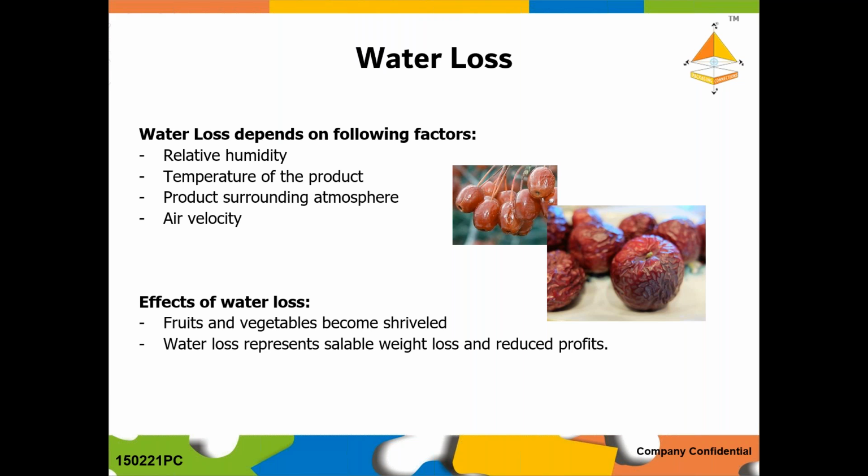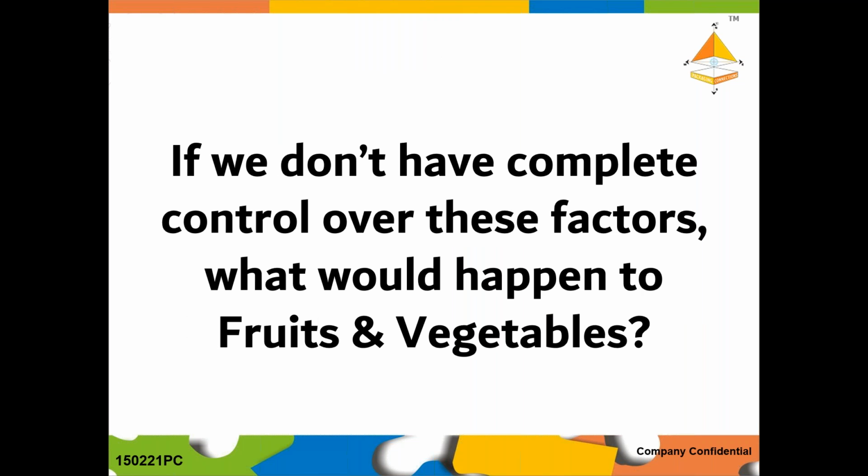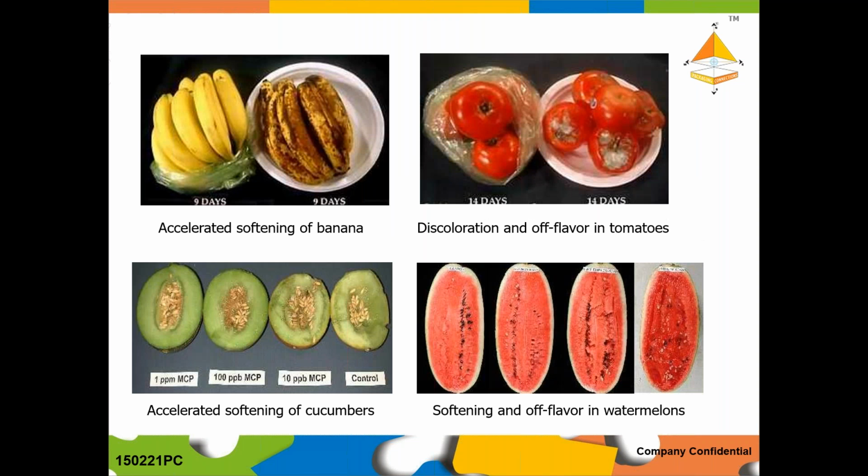Water loss represents saleable weight loss and reduced profit. Even though sometimes the fruit may be good, it has shriveled and there is a loss of water, and when the fruit is being sold by weight, then there's a loss of profit.